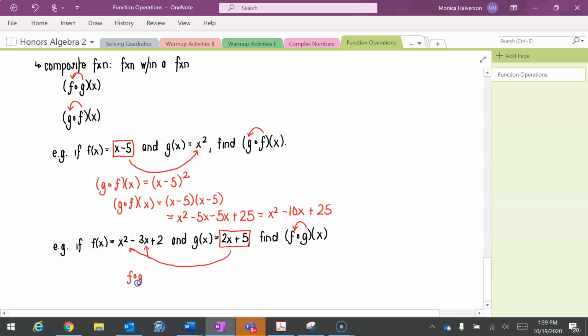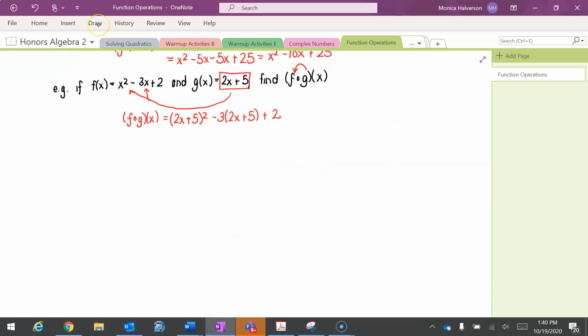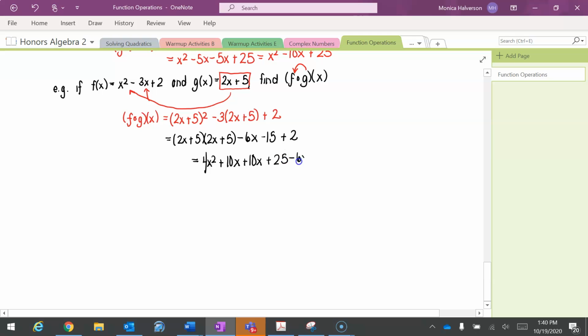So f composed of g of x is going to equal 2x plus 5 squared minus 3 times 2x plus 5 plus 2. Okay? So then we know we have the FOIL here, 2x plus 5 times 2x plus 5 minus 6x minus 15 when I do the distribution, 4x squared plus 10x plus 10x plus 25 minus 6x minus 15 plus 2.